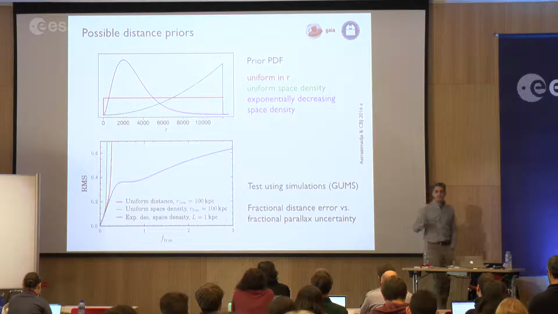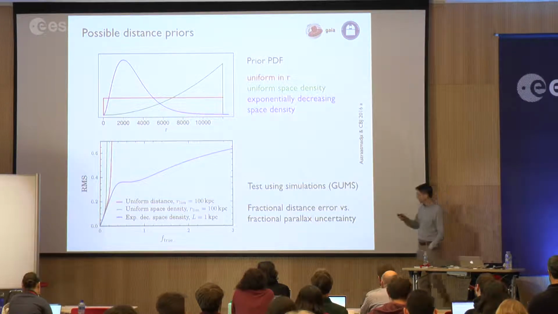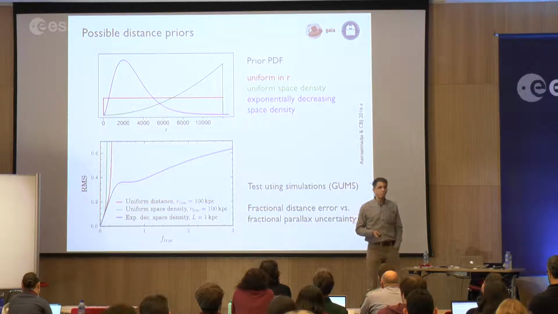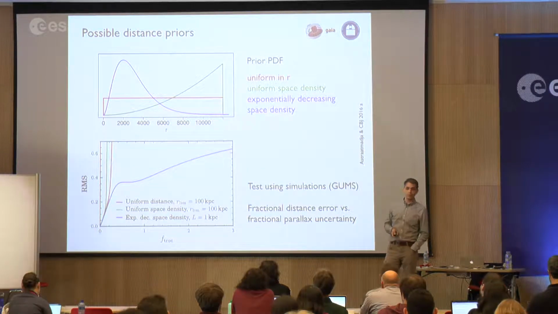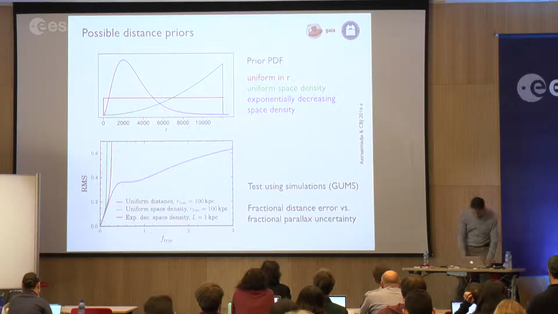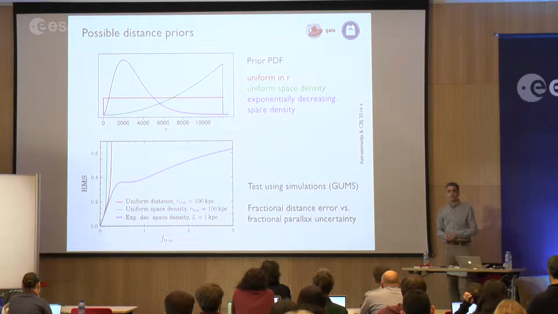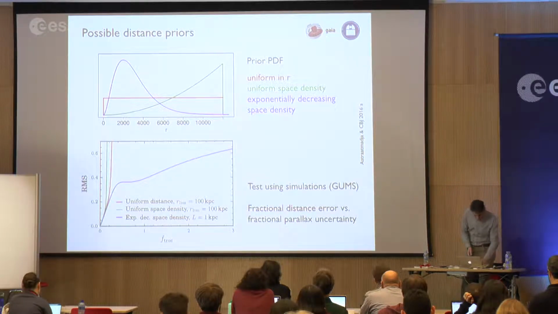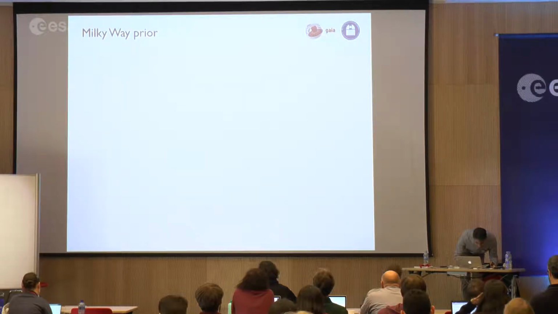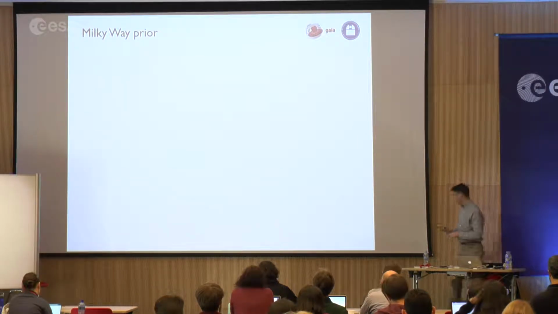Okay, so as I mentioned before, none of these priors are well matched at all to what we know about the galaxy. So let's try to do that. My colleague Tri Astraatmadja and I, but mostly him, wrote a paper in which we explore this in great detail. But let me just give you a very quick summary. This is what we call the Milky Way prior.